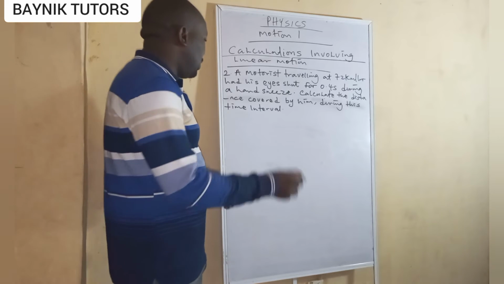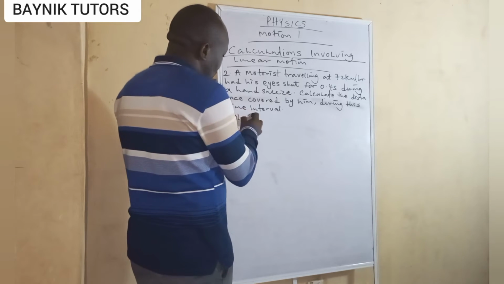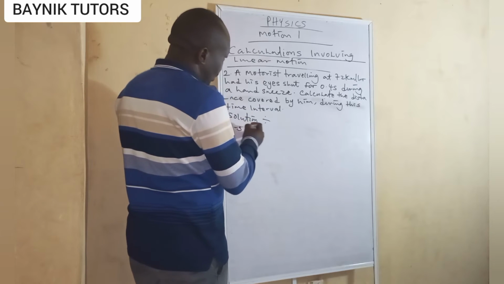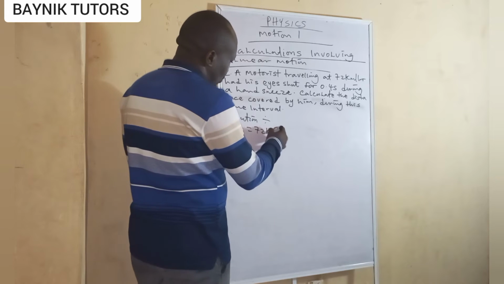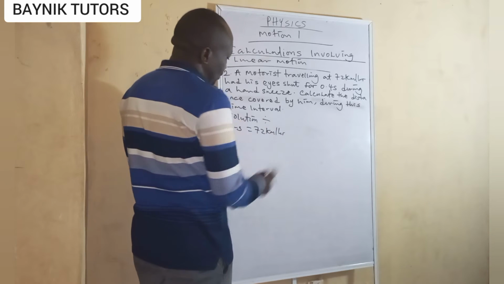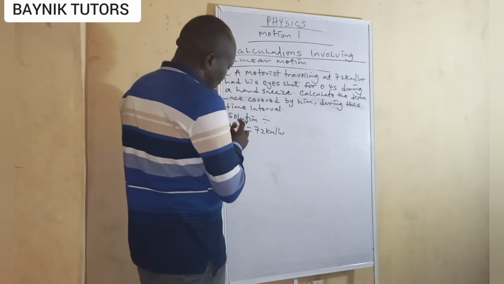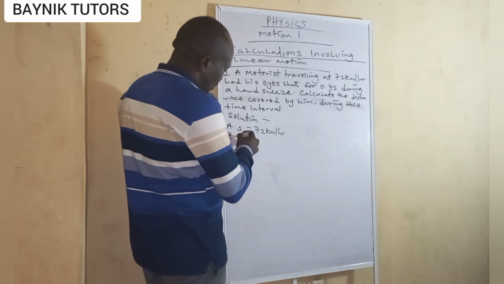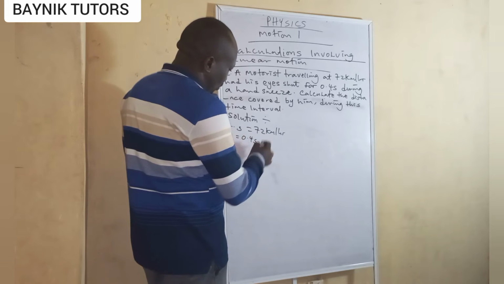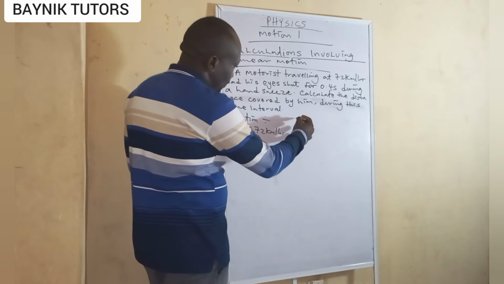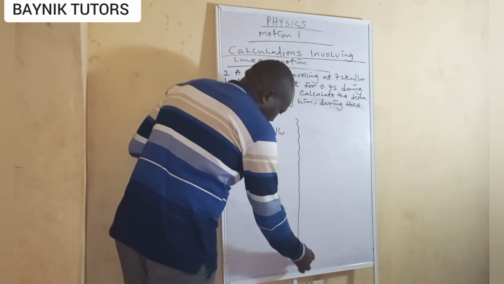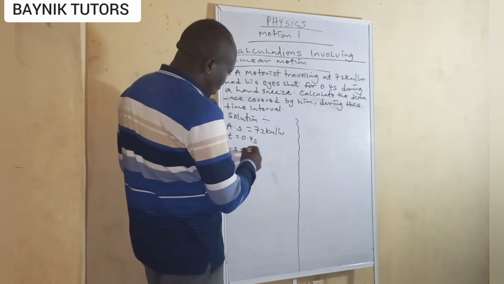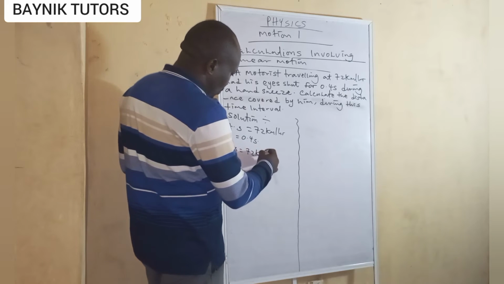So first thing is we must identify that in your solution you have your average speed as 72 kilometer per hour. Your time is 0.4 seconds. So we want to convert this.